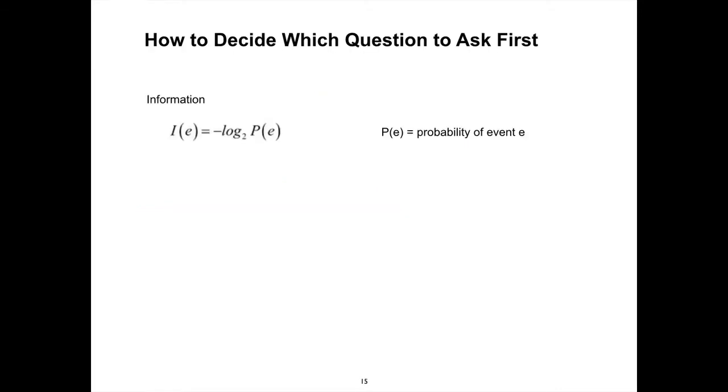And this gets us into information theory, which some of you have probably seen before, if you studied, because it comes up almost everywhere. And so we want to quantify information, right?